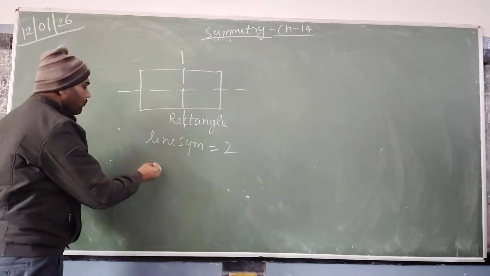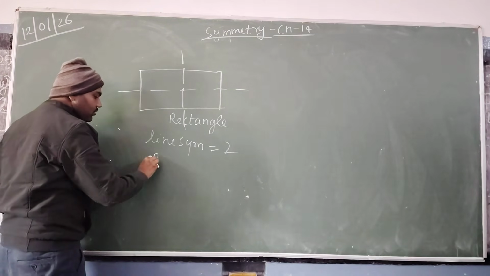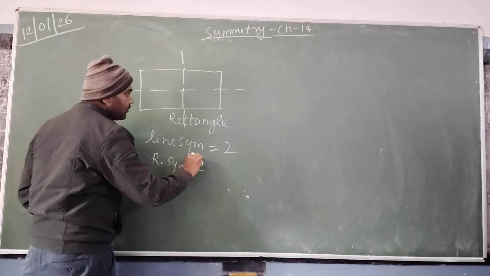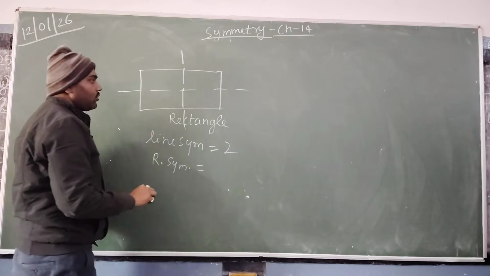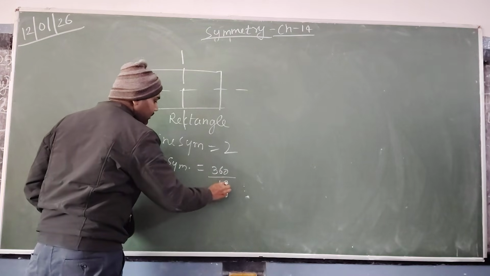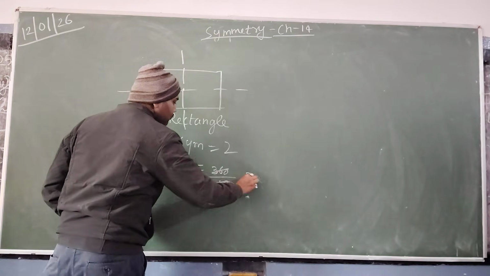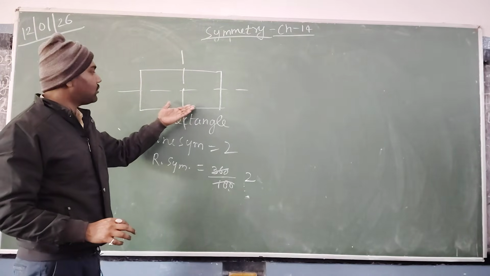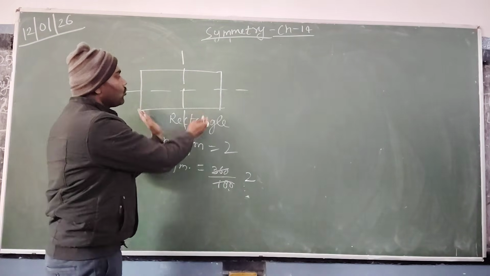And what will be its rotational symmetry? For rotational symmetry, we will have 360 upon 180 degree. That means 2. Why 180 degree? Because rotational means we have to rotate it.